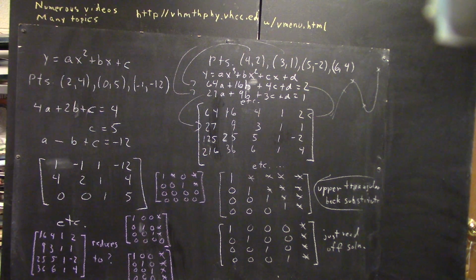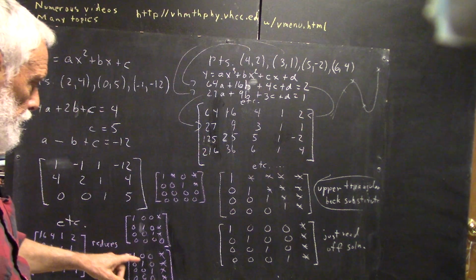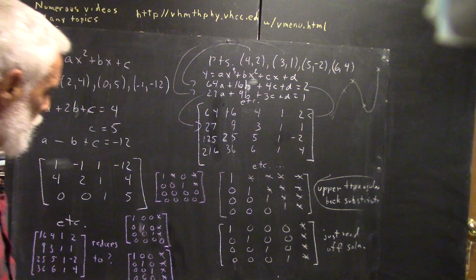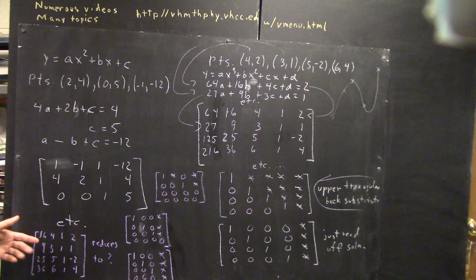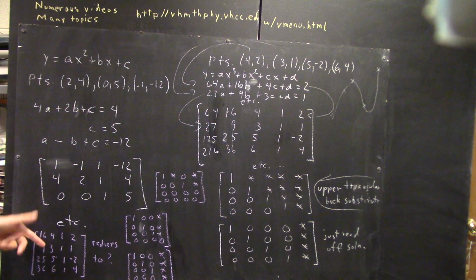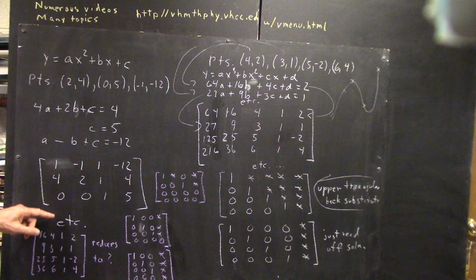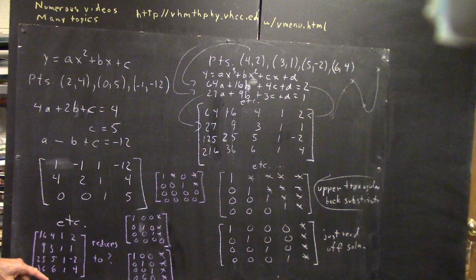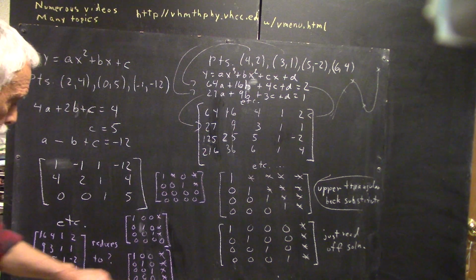Well, one thing it could reduce to would be this. Okay, we can reduce this first row down to where we have a 1 in front of it and zeros below. Then we can get a 1 in the second row, second column, and use that to get rid of any numbers above and below it and get our zeros here.